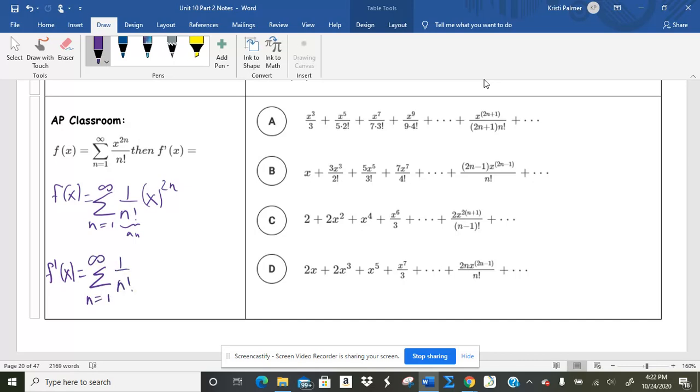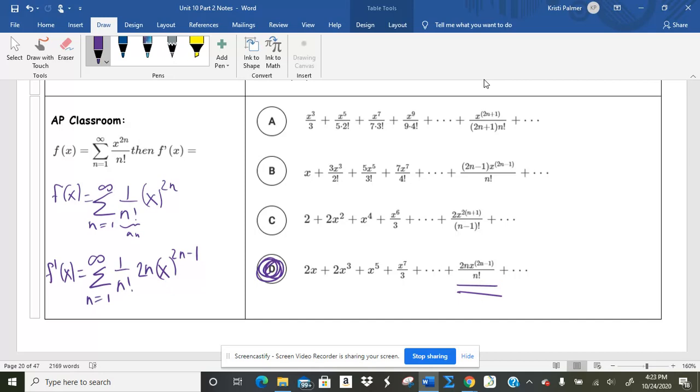And now I can bring this 2n down, and then that's x to the 2n minus 1. So I want to find that, and I can see that it is right there, and it is D.